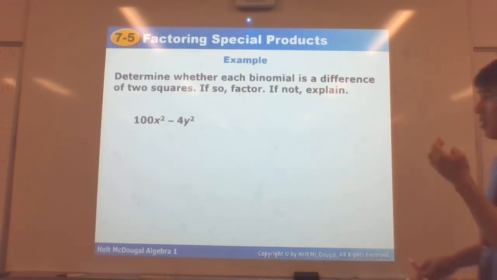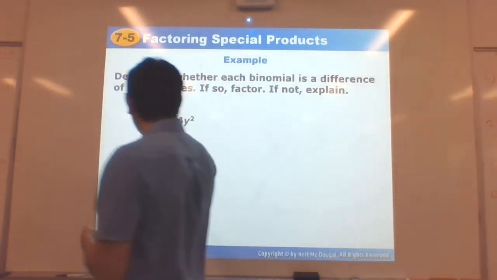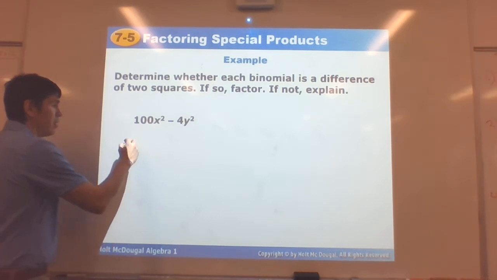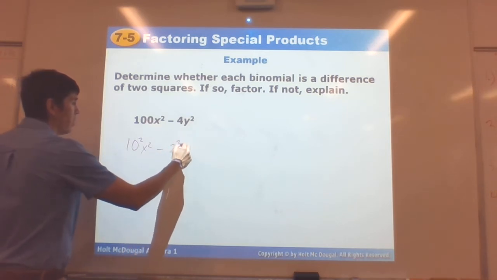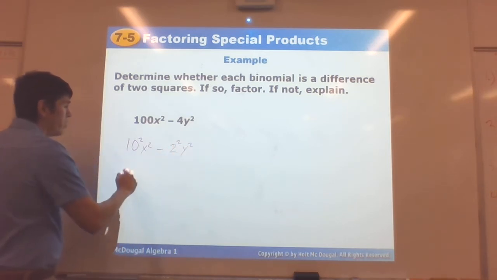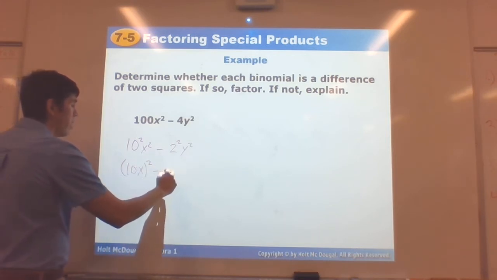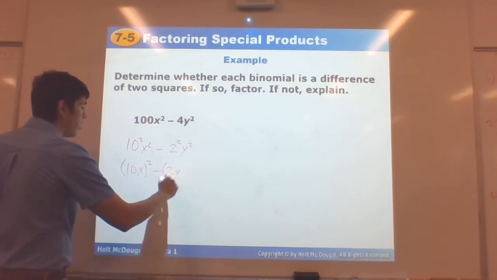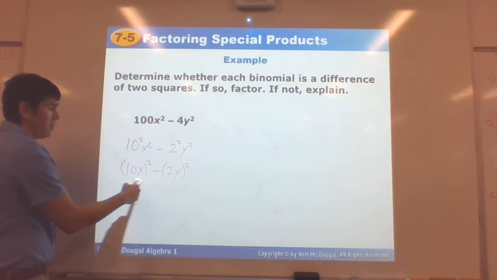This one is going to be factorable because we can say that 100 is a perfect square. This is going to be 10 squared times x squared minus 2 squared times y squared, which can be said as (10x) squared minus (2y) squared. So, guess what? The difference of two squares, two perfect squares.